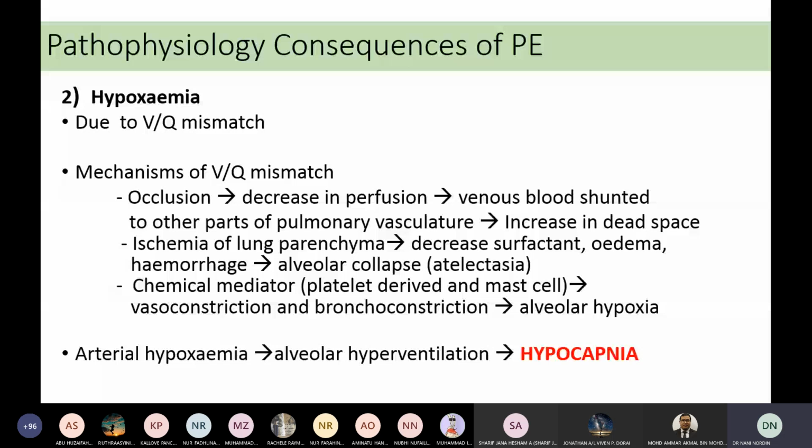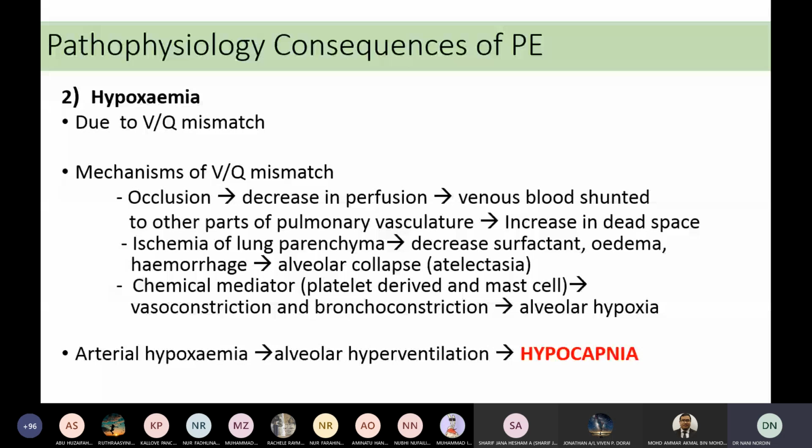All right, and the overall result of this is you will have arterial hypoxemia. That means your PaO2 is low. When you do your ABG, your blood gas, you will see that the oxygen in your arterial blood is low.